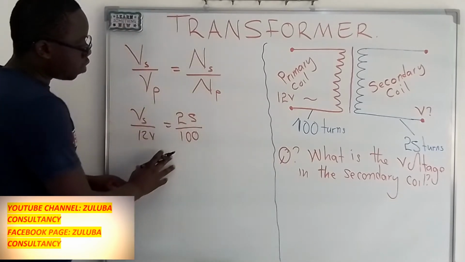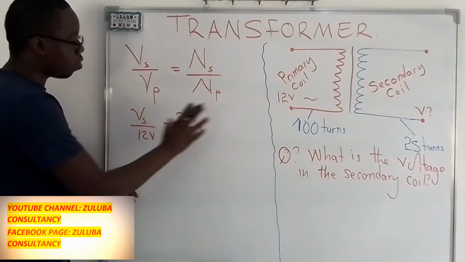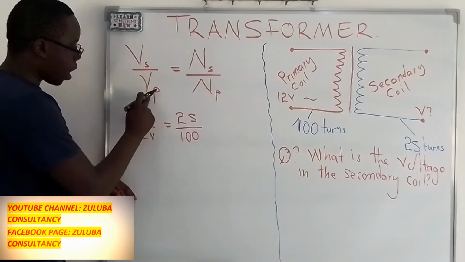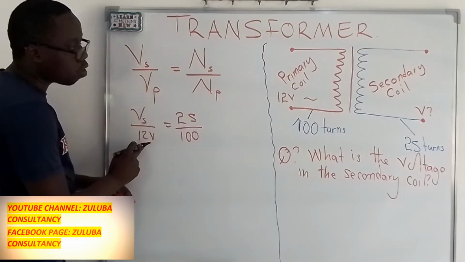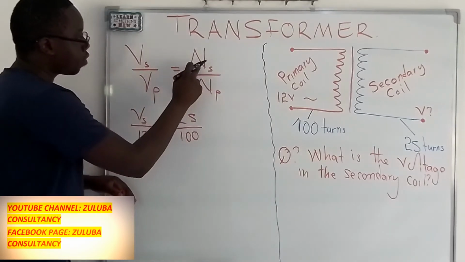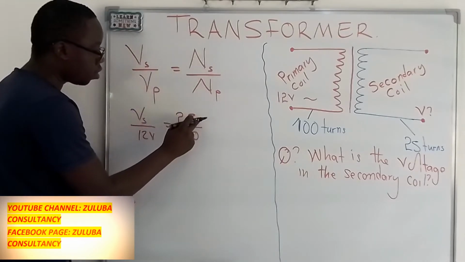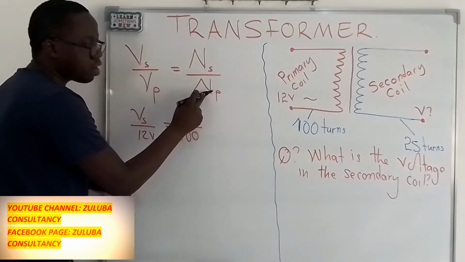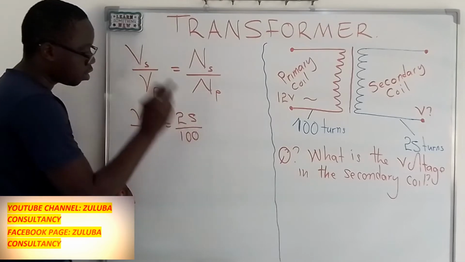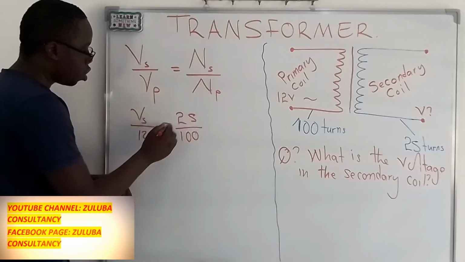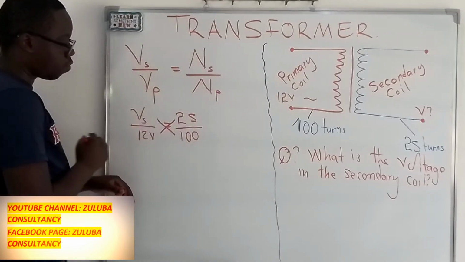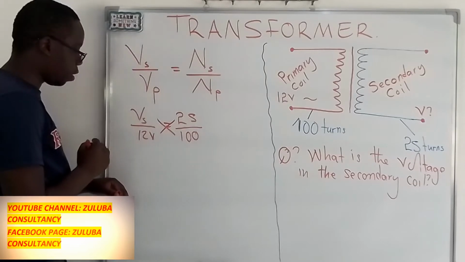So when we put these values, you counter check. Primary coil voltage, you confirm it's 12. Secondary number of turns, you confirm it is 25. Primary number of turns, you confirm it is 100. If this is correct, you can now continue to solve your question.